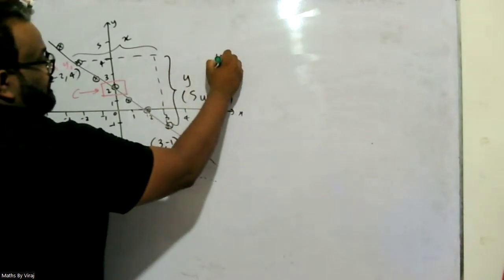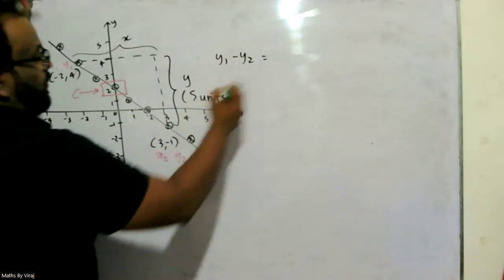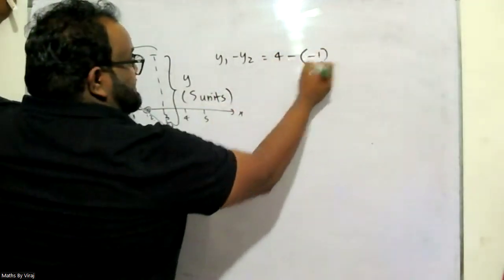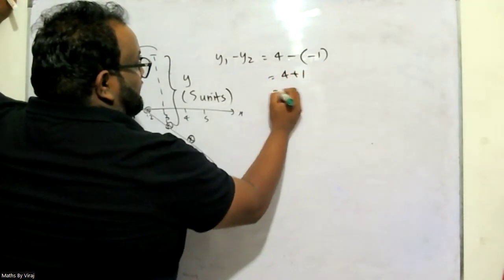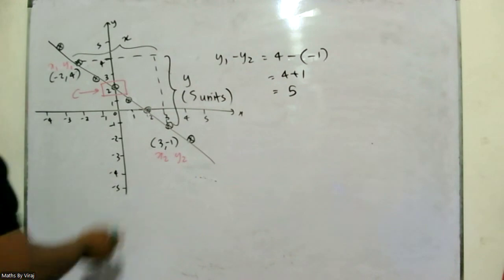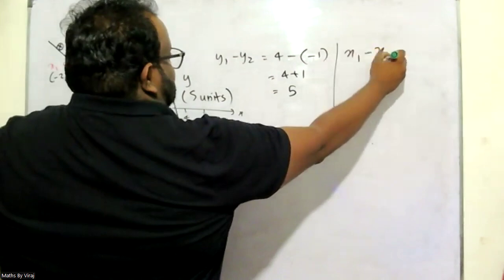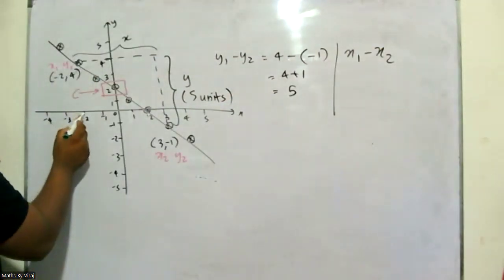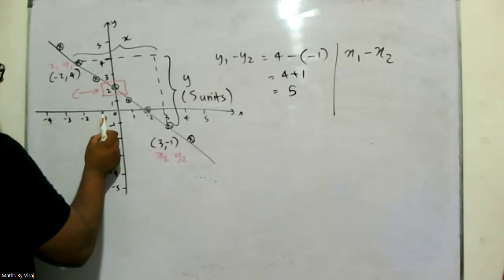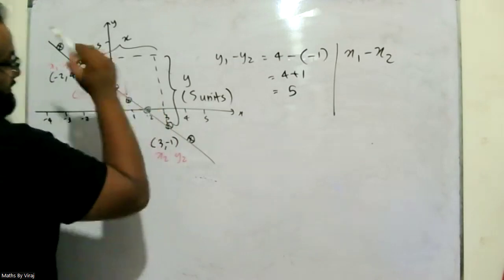That is y1 minus y2. What is y1 today? 4. Minus y2 is minus 1. 4 plus 1, that is 5. Yes or no? Yeah. Now x1 minus x2. From minus 2 up to plus 3, how many units are there? 1, 2, 3, 4, 5.